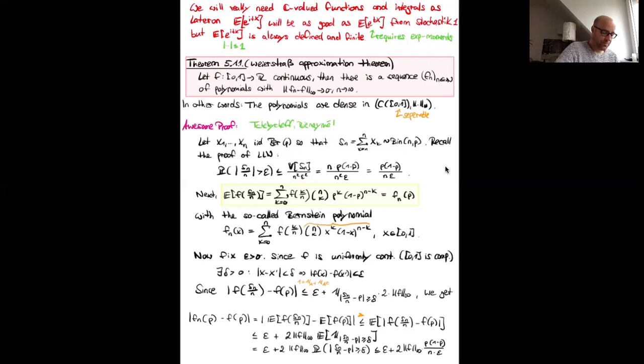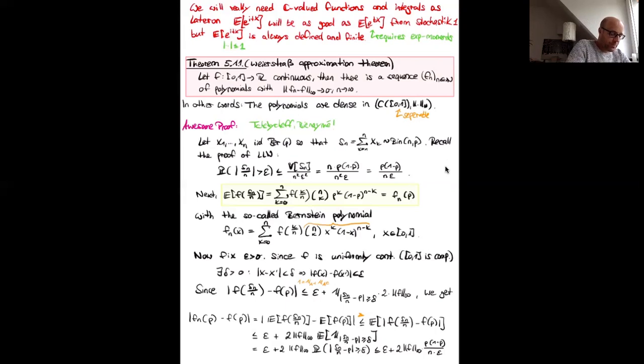So how do we prove this? The amazing point is we're just writing down explicitly the polynomials, and the polynomials are expectations, which we can estimate with the Chebyshev inequality and BNMA. Sounds absolutely weird, but it's true. So the point is the following.